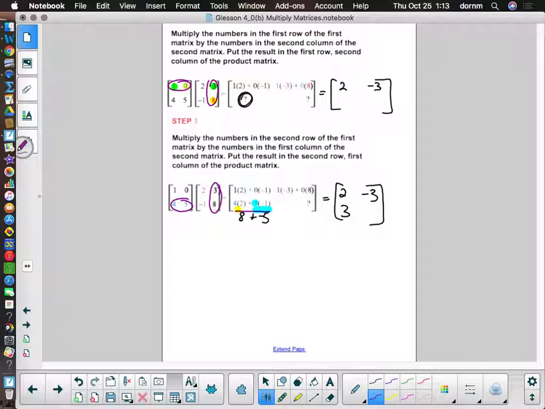So when I do that multiplication, I'm going to take the first element of the row times the first element of the column, so 4 times -3, plus the second element of the row times the second element of the column, 5 times 8. Well, that's a -12 and that's a 40. -12 and 40 is 28. And there's my multiplication. I've just multiplied those two matrices.